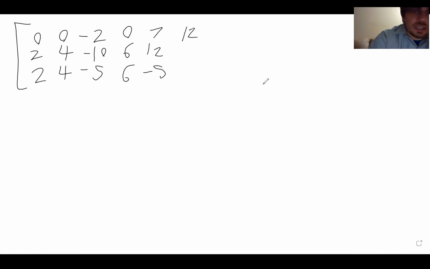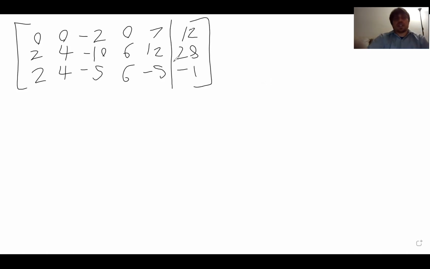To 12. I'm going to put a vertical bar there because that's separating the variables and the numbers at the end of the equation. Okay.